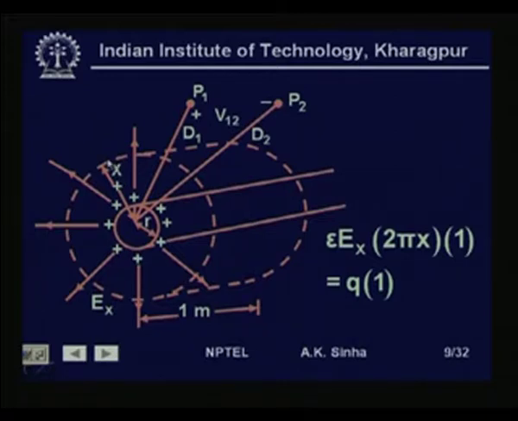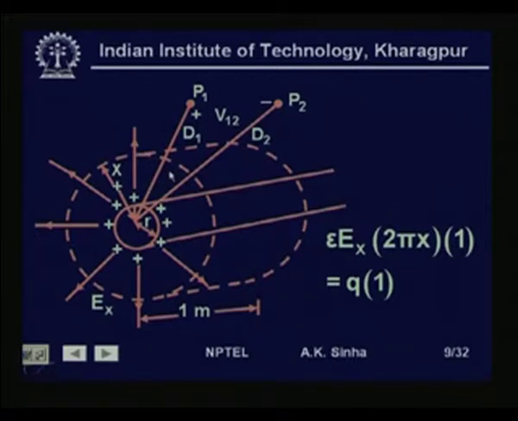Now, since the electric field lines will be radial to the surface of this concentric cylinder, there will be no tangential component of the electric field. Now, we can find out with this what is the field strength at the surface of this concentric cylinder.